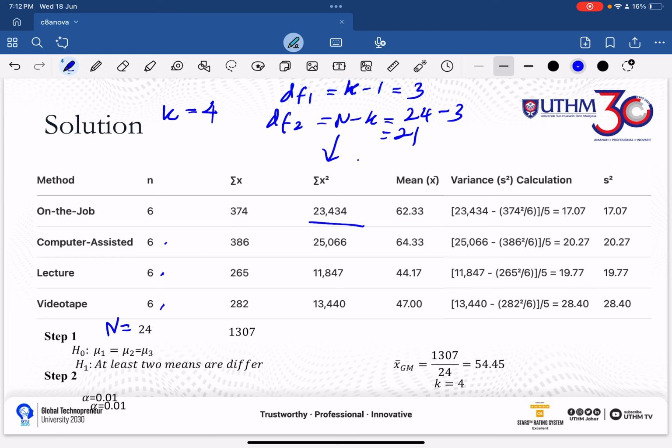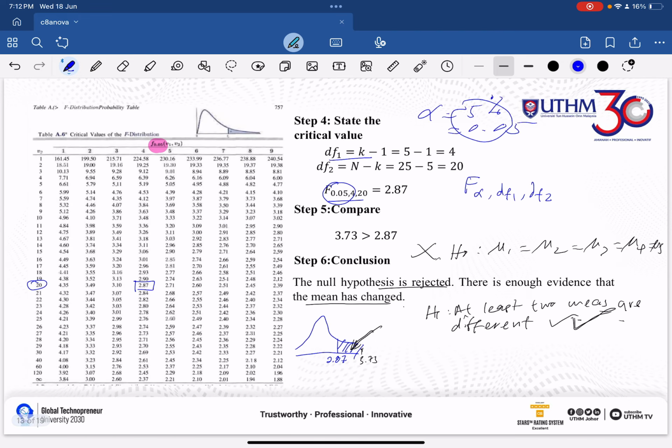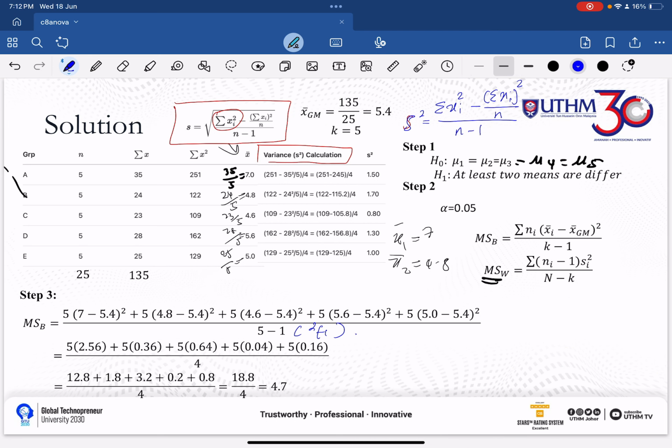And then we need to find the s square. So s square is the summation of x square minus summation of x, over n, divided by n minus 1. Right? Look back into the formula.